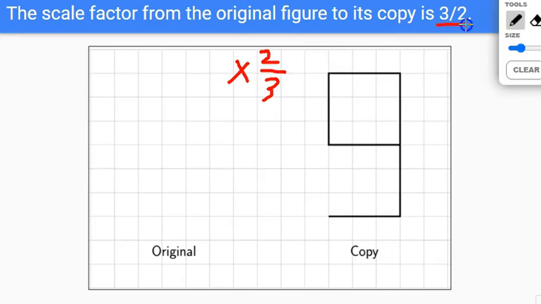And if we're going to have this as our unit for scaling, if we're going to go from the copy back to the original, we actually have to multiply every part by 2/3 to get back to that original smaller size. So if I take 3 here across the bottom, and it looks like all of those are 3, multiply by 2/3, I end up with 6/3 or 2.